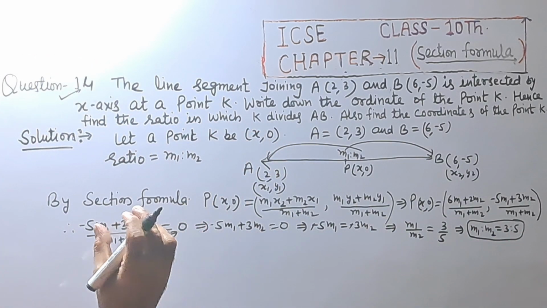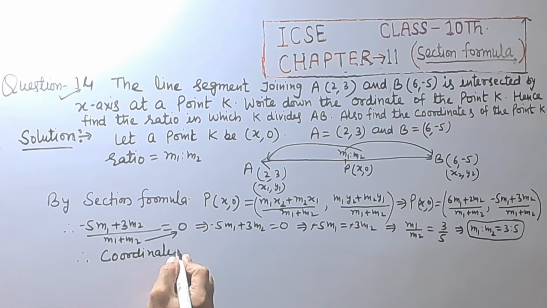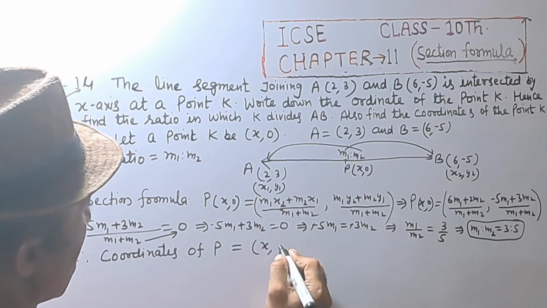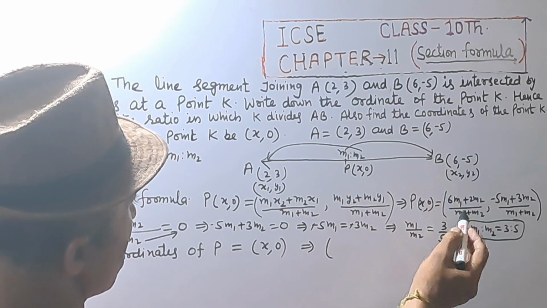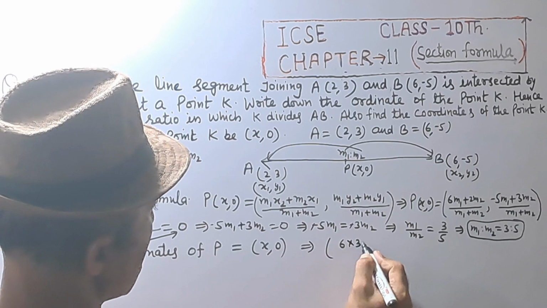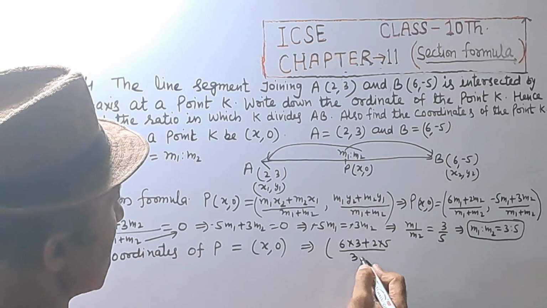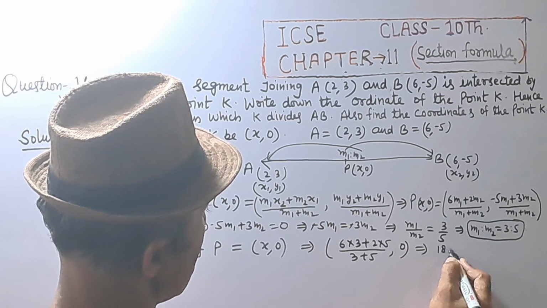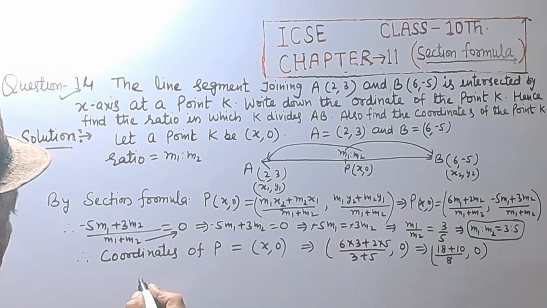And we find the coordinates of P. Coordinates of P, that is equal to (x, 0), which implies (6 into M1, 3, plus 2 into M2, 5) divided by (3 plus 5), and ordinate is 0, which implies 6 3s are 18 plus 5 2s are 10 divided by 3 plus 5 is 8, and the other point is 0.